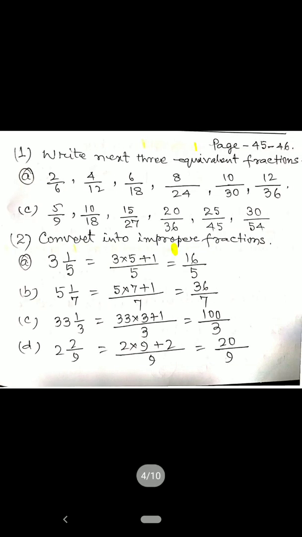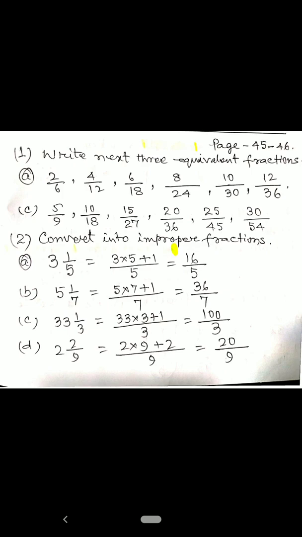Now, page 45 and 46, write the next three equivalent fractions. 2 by 6 equals 4 by 12, 6 by 18, 8 by 24. So multiply the first fraction, 2 by 6, by 4 by 4. 2 fours are 8, 6 fours are 24.